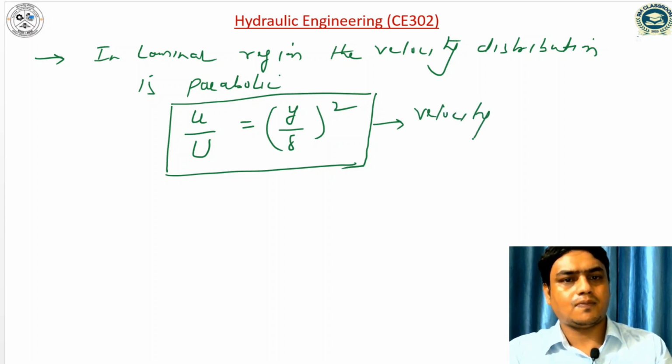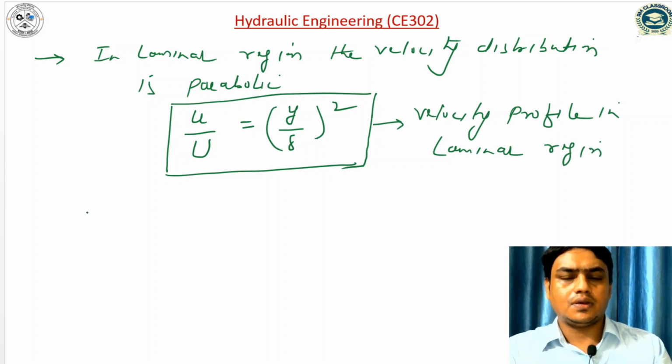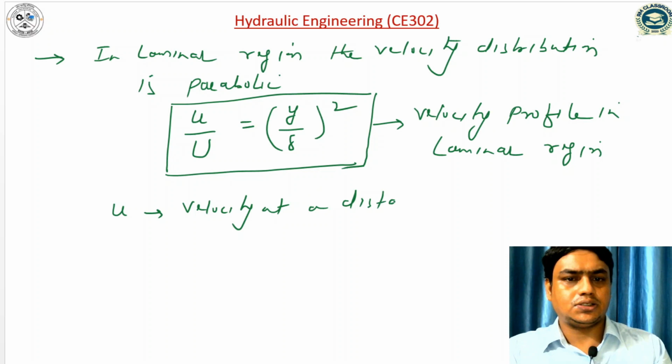Velocity profile in the laminar region. Here u is the velocity at a distance y from the leading edge.